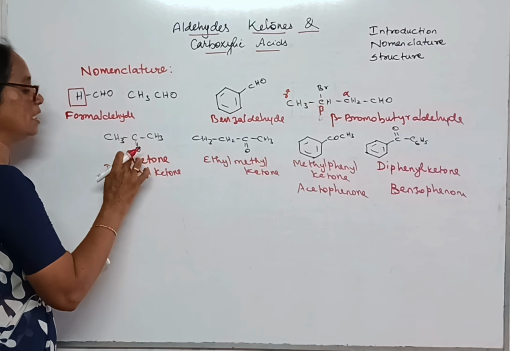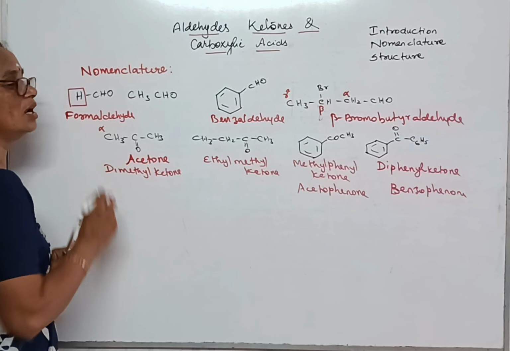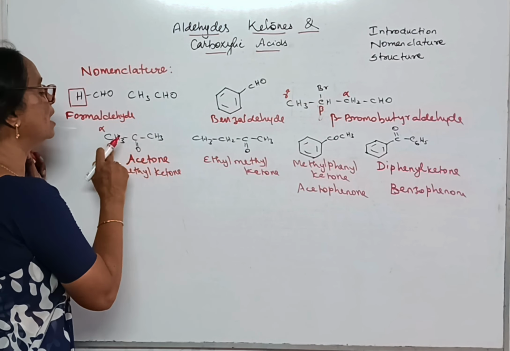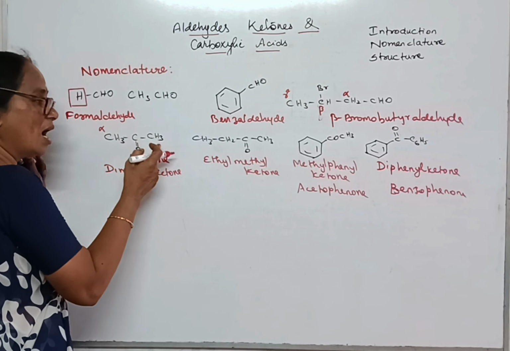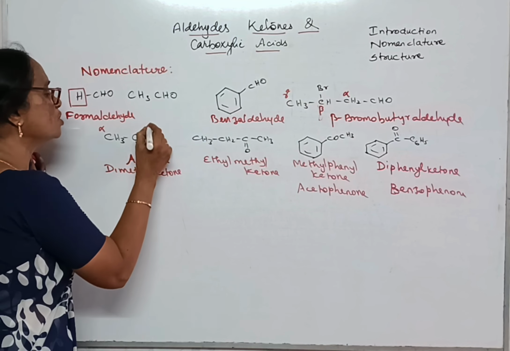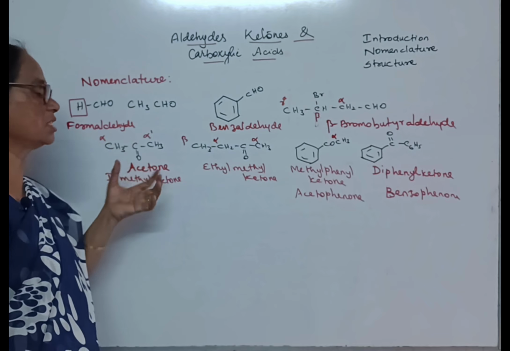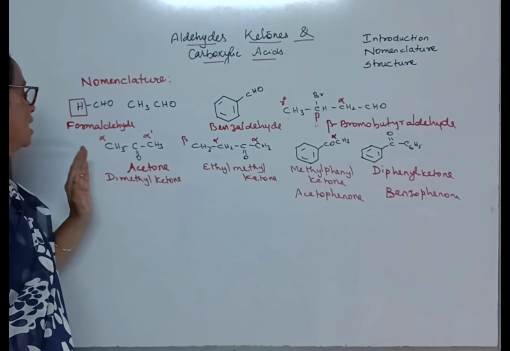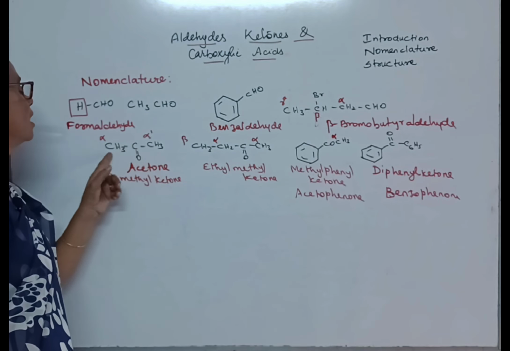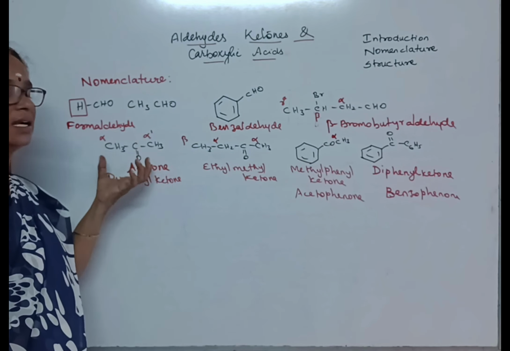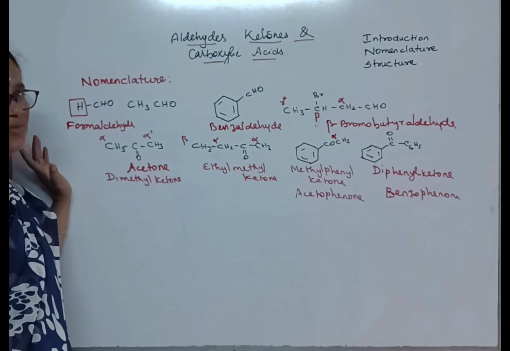This is the functional carbon, it is attached to the alpha carbon. And the very next group is also a similar, identical group, so it will be alpha dash. In acetone, both of the carbons are similar methyl groups, identical, so they are said to be alpha, alpha dash.